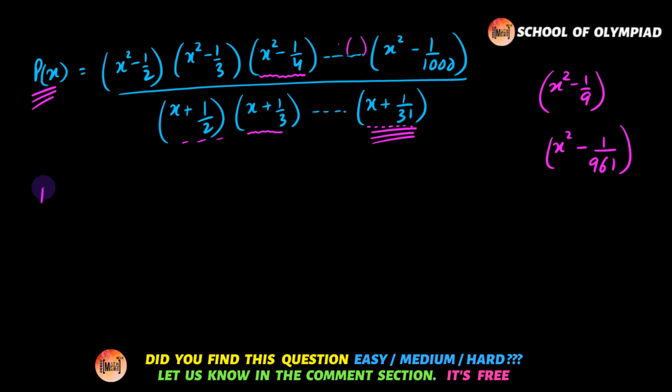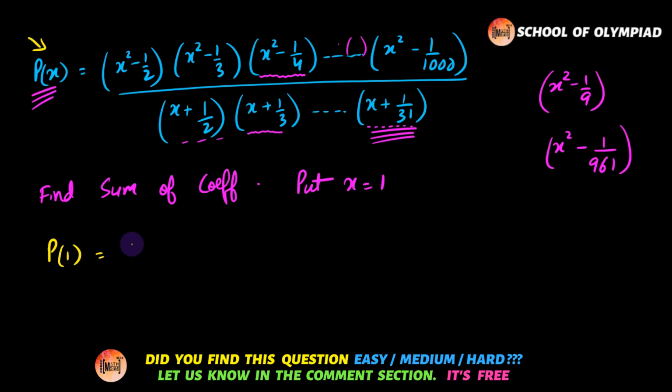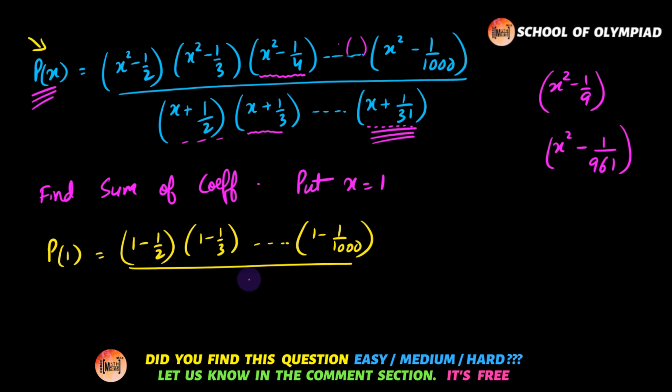When we have to find the sum of coefficients of any expression, we simply put x equal to 1 in the given expression. So putting x equal to 1 in P(x), we get 1 minus half into 1 minus 1 by 3 into so onwards, 1 minus 1 divided by 1000, divided by 1 plus half into 1 plus 1 by 3 into so onwards up to 1 plus 1 by 31.